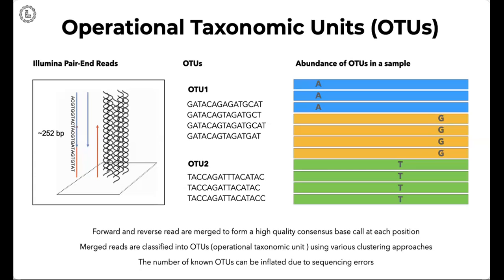These clusters are called operational taxonomic units, or OTUs, which are simply reads organized by a specific similarity level, right? Individual OTUs can be identified by a marker position. For example, this OTU has a marker position at this specific position that is different from the other OTUs, and similarly the other OTUs are characterized by marker positions at different places.